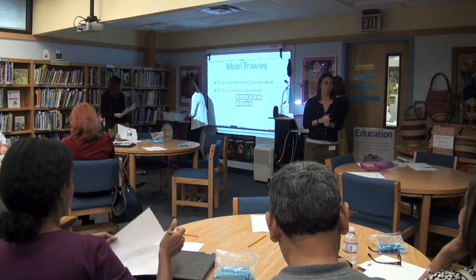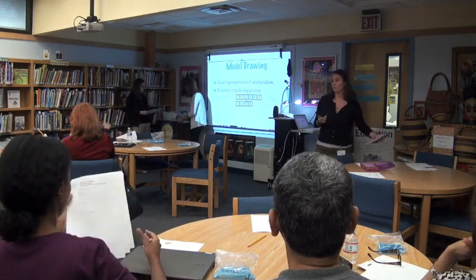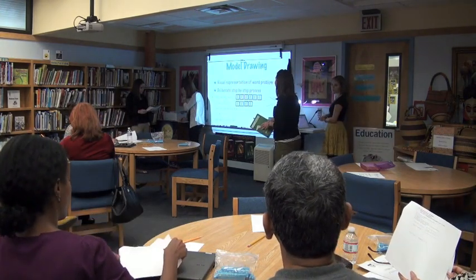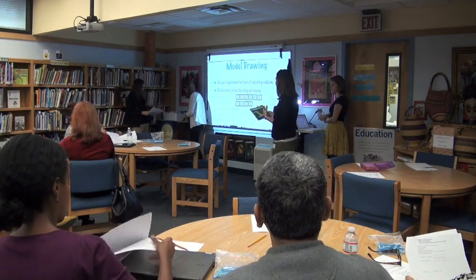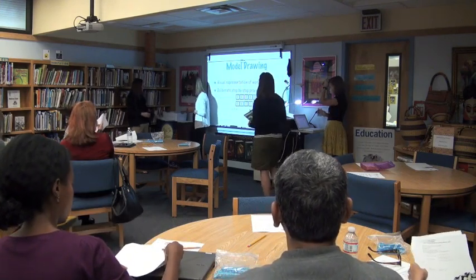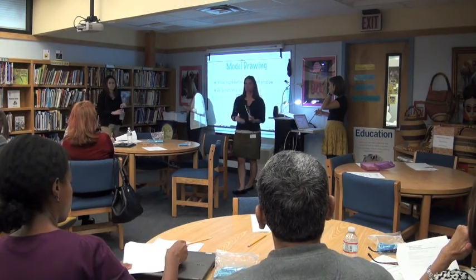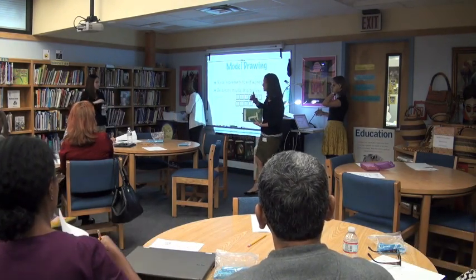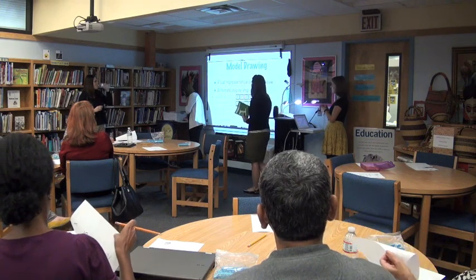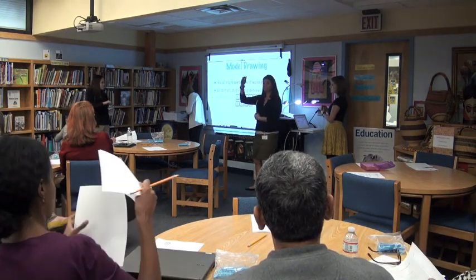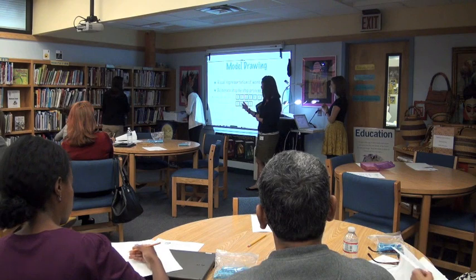Okay, model drawing. It's just another word for word problems or problem solving. And the way we do it is it's like a visual representation of it. We're very deliberate in the way that we introduce it to them. It's kind of a step-by-step process. So for instance, the first step is we read the problem together as a class.